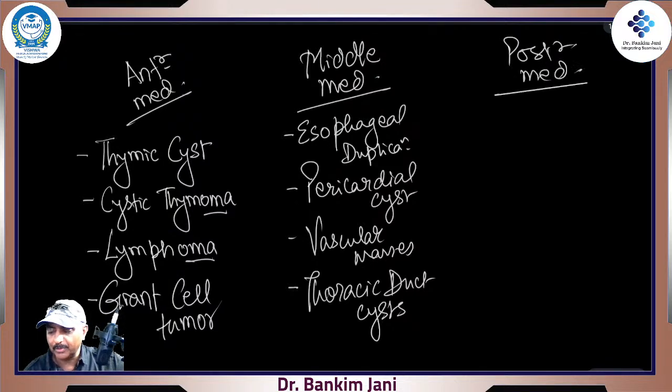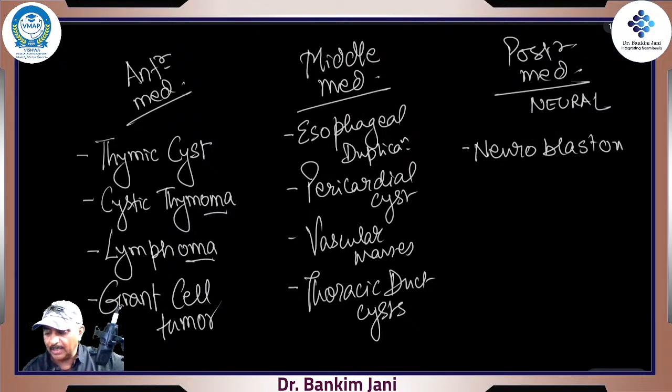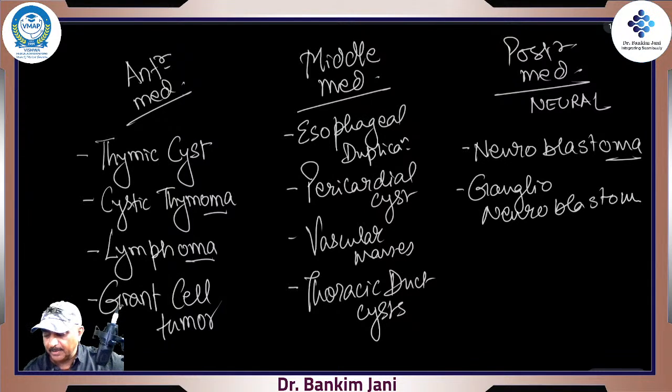And in the posterior mediastinum, we talked about how most of the neural tissues will be there because there is the sympathetic chain. So most of them will be neural. In neural, there can be, say, neuroblastoma, a blastoma tumor. Then there could be ganglia involved, so it would be called ganglioneuroblastoma, meaning ganglia is also involved.